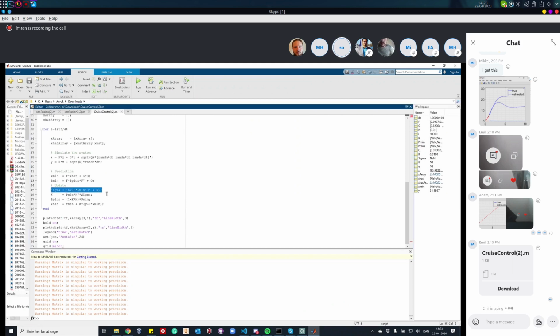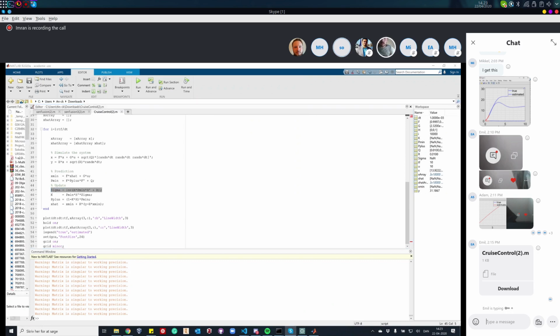And I get sigma to be a 3 by 3. 3 by 3. And then I can't seem to get that P min times H dot times sigma to work. I don't know why.